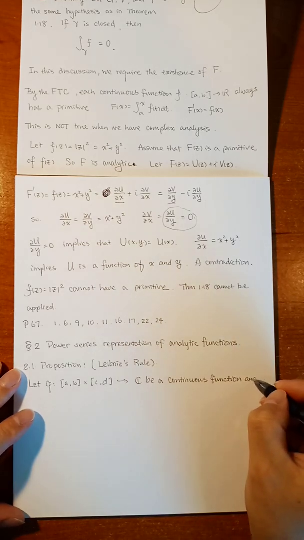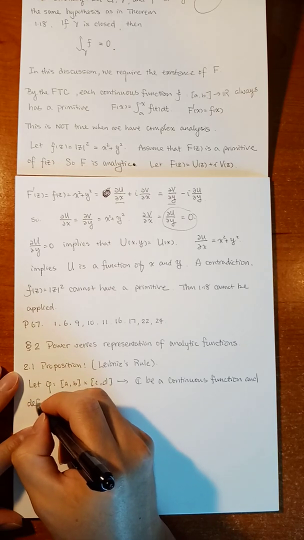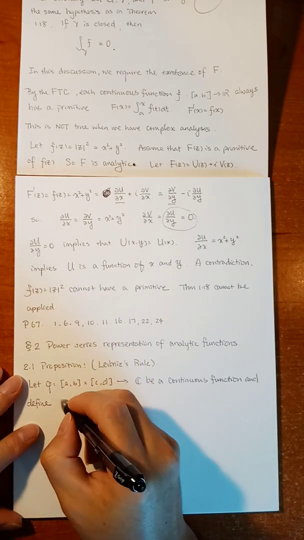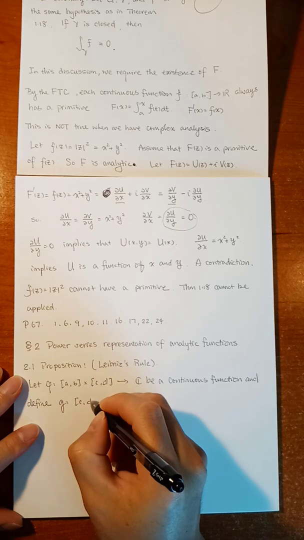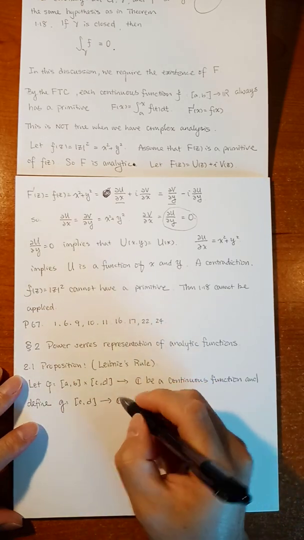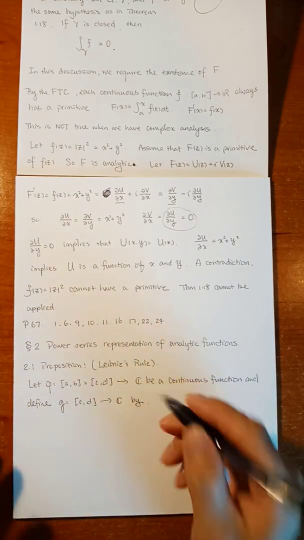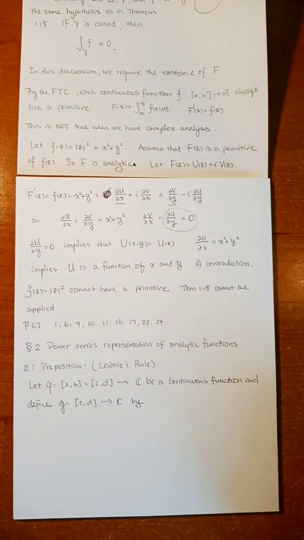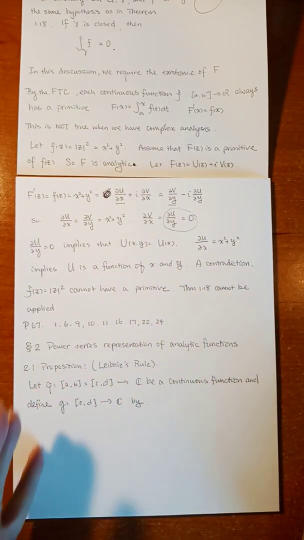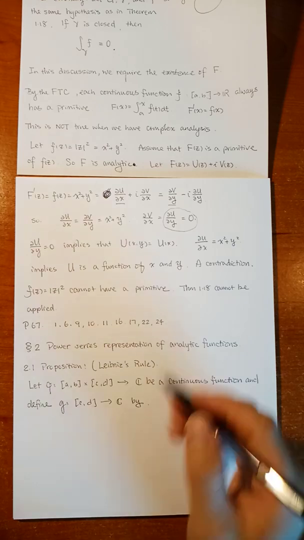And define G from [c,d] to C by what? We're going to integrate along the x variable.